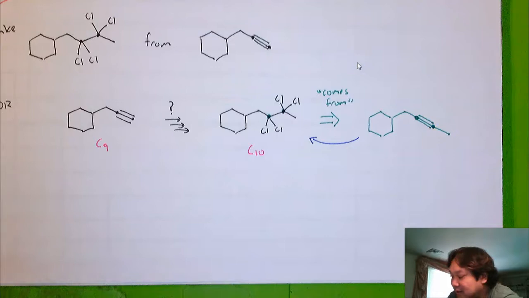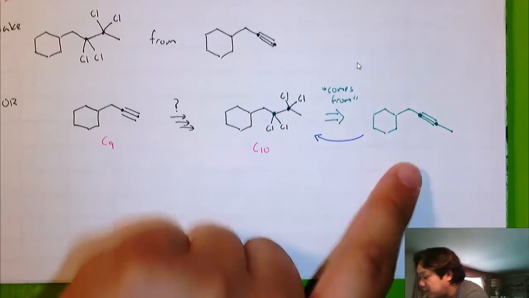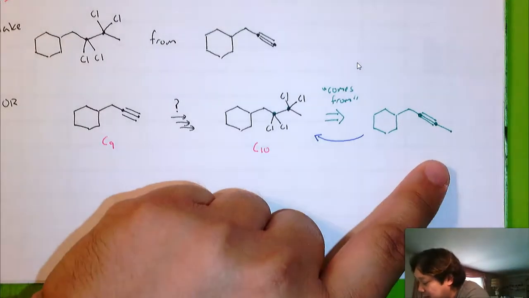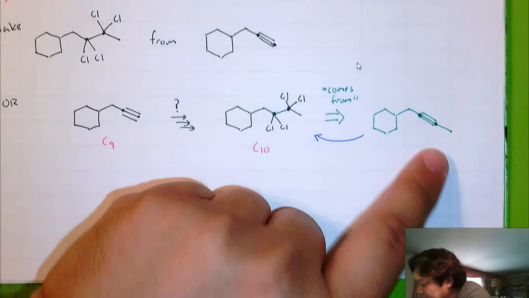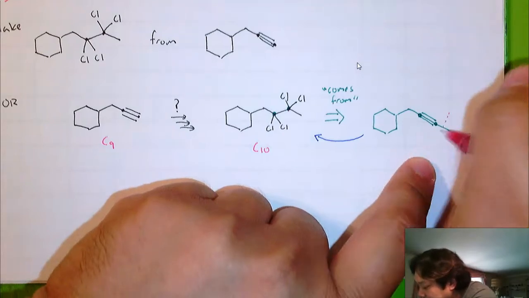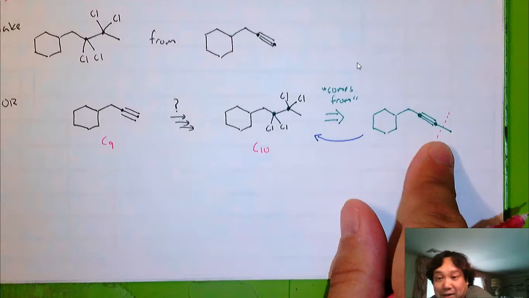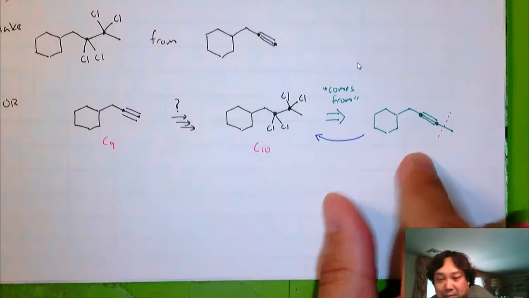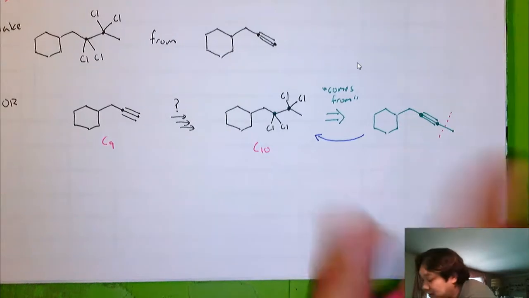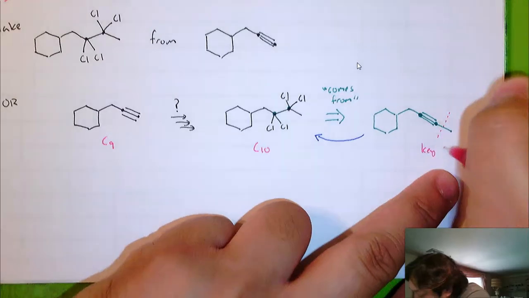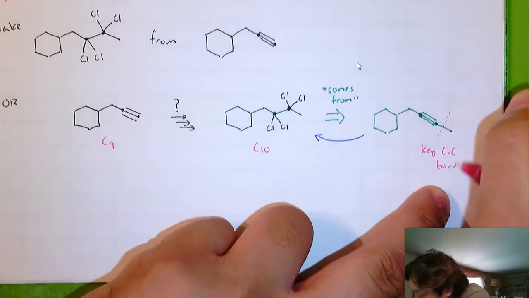At this point in my retrosynthetic analysis, I gotta add this carbon, and the way I show that is I draw a dotted line. What I'm saying here is that this bond was made. This is a key carbon-carbon bond that has to be made.